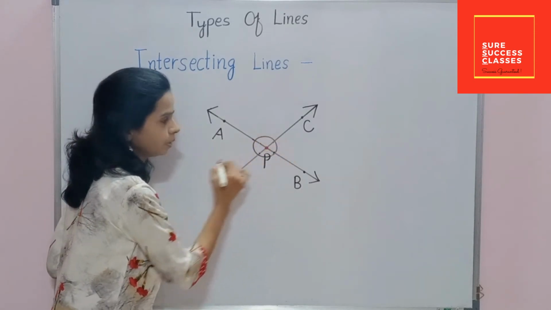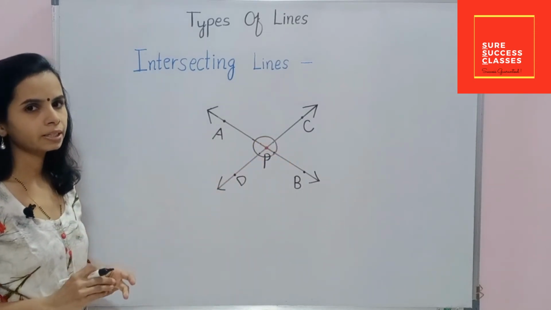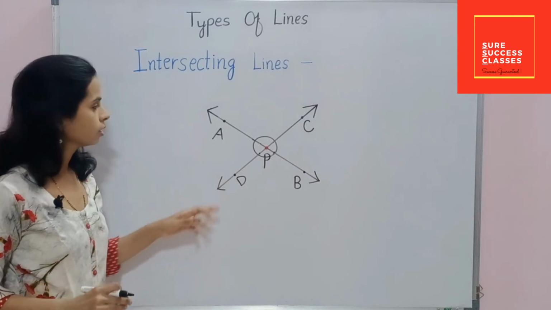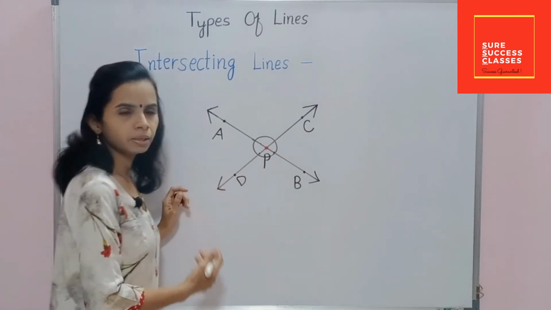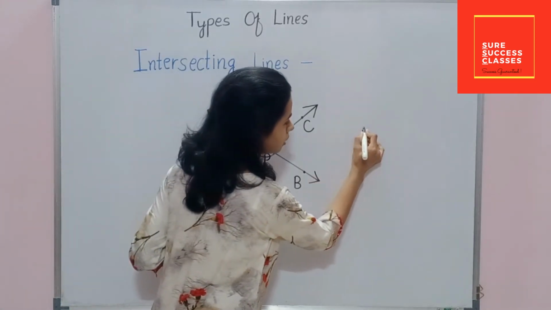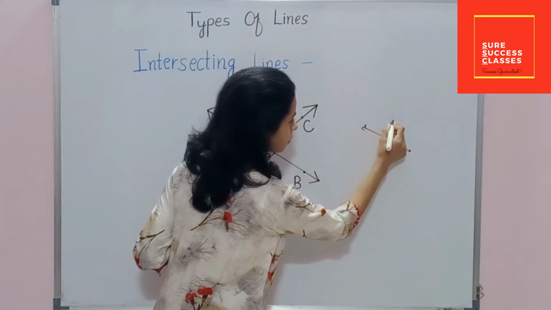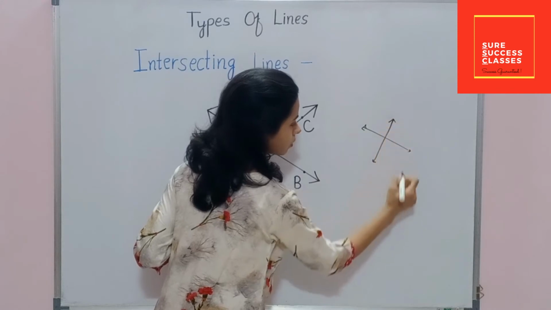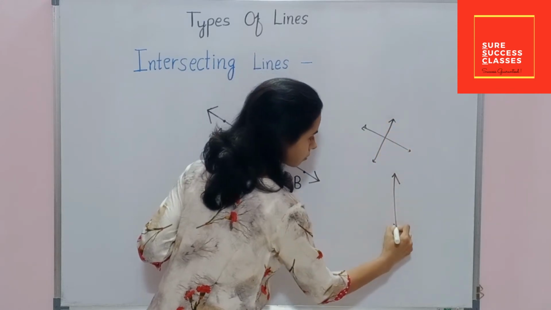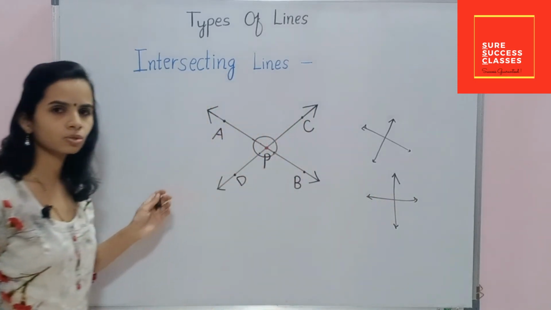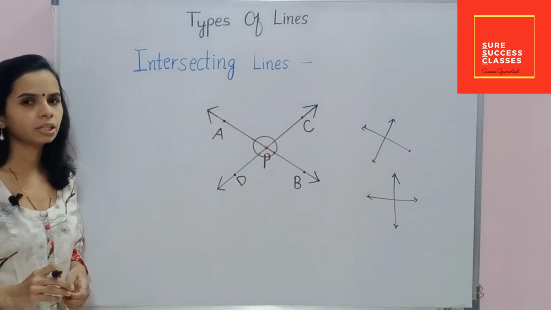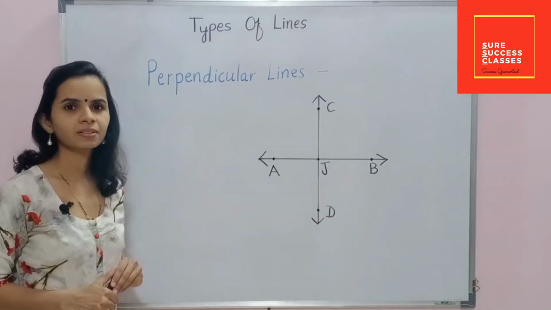Point P. So at that time those lines are called intersecting lines, and they may intersect each other in this way or in this way. So such type of lines are called intersecting lines.